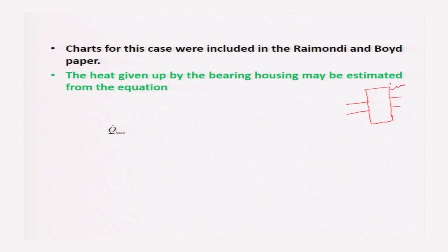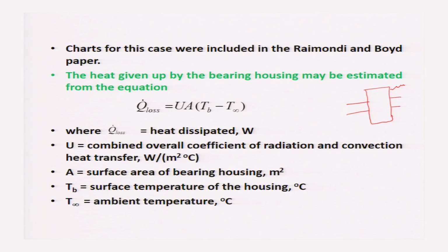So, heat given by the bearing housing may be estimated from the equation Q loss is equal to U A within the bracket T B minus T infinity, where Q loss is the heat dissipated in watts, U is the overall heat transfer coefficient for radiation and convection.